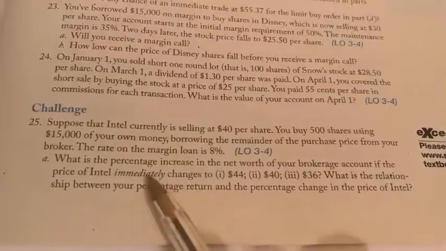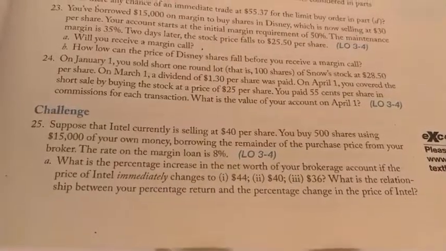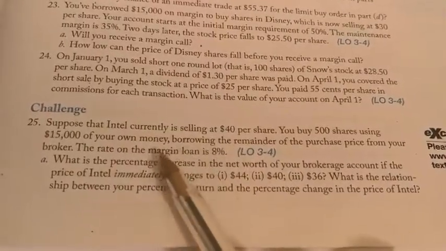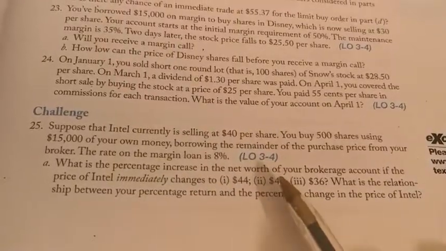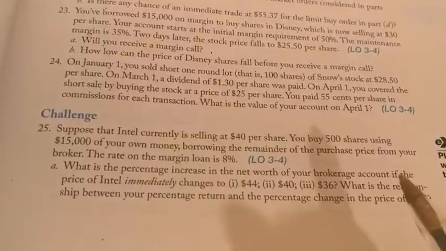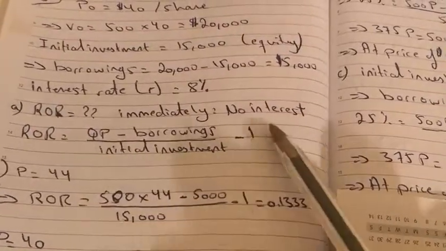Immediately means we have to ignore the interest. No interest expense here. What is the percentage increase in your net worth? In other words, it's required to compute the rate of return.